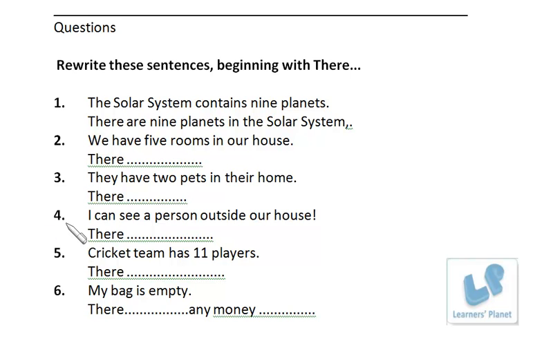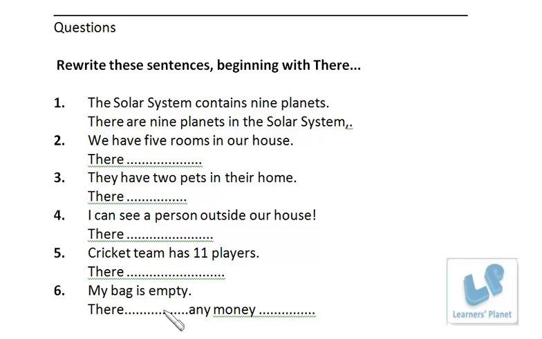They have 2 pets in their home. There are 2 pets in their home. I can see a person outside our house. There is a person outside our house. Cricket team has 11 players. There are 11 players in cricket team.